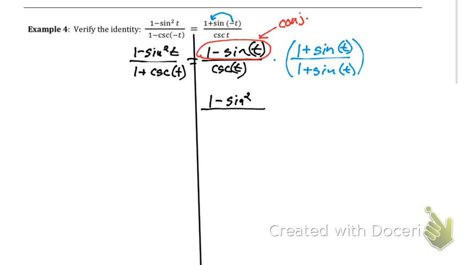all over. Now, this is one of those weird times where you actually distribute the cosecant, because the cosecant is not going to cancel out here. So we're going to actually distribute it. Maybe we'll draw the picture, so we're distributing it to both. So that's going to give me cosecant t plus cosecant times sine.